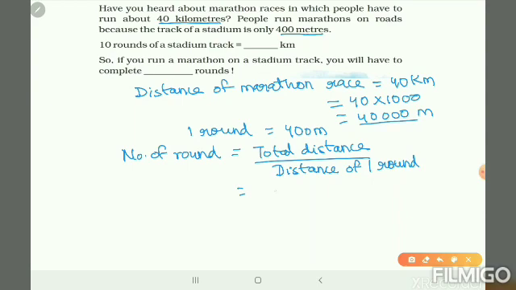Total distance is this much, that is 40,000, divided by the distance covered in one round, which is 400. So we can cancel these zeros, and we are left with 400 divided by 4. When you divide 400 by 4, you get your answer as 100. So how many rounds are required? 100 rounds are required.